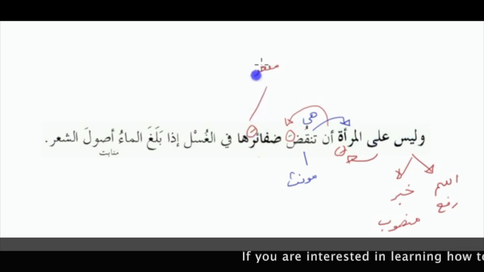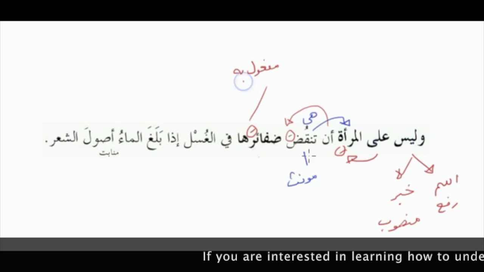And the fa'il of tanqud, the ta is mu'annath, it actually goes back to mar'a. So the fa'il is the she that goes back to al-mar'a. Therefore dhafa'ir has a fatha, because this is maf'ul bihi.